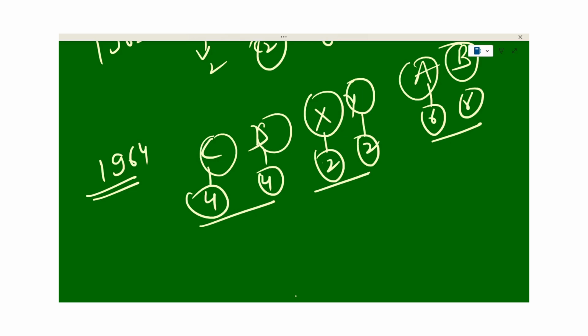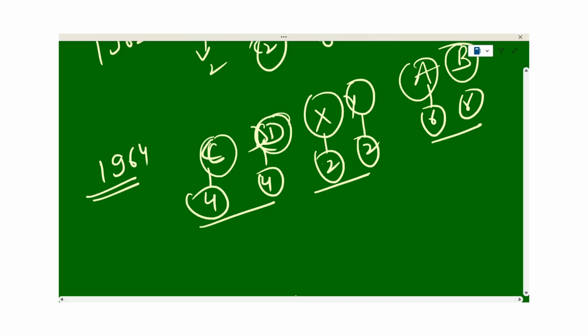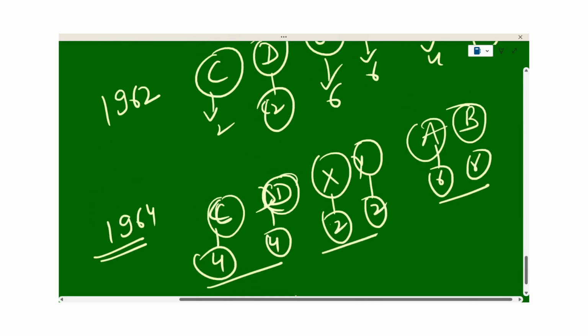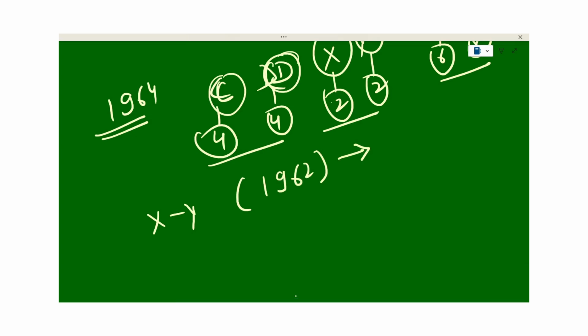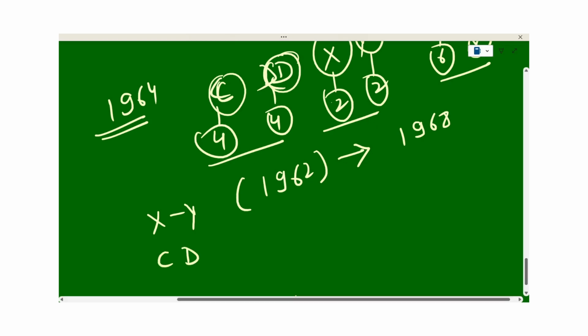So वो problem नहीं होती कि मुझे बराबर टाइम दिया या नहीं, वो नहीं. Every member completes. जैसे इनकी बात करते हैं X and Y, they got elected in 1962, so it means they will retire in 1968. In the same way, CD की बात करते हैं.